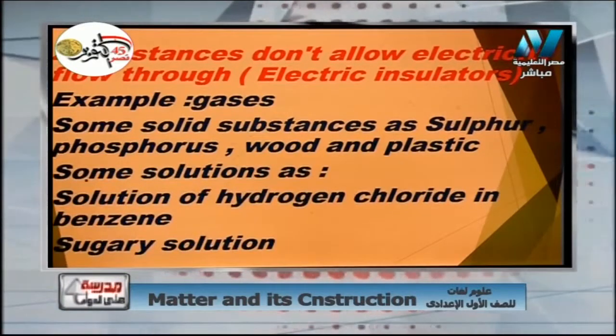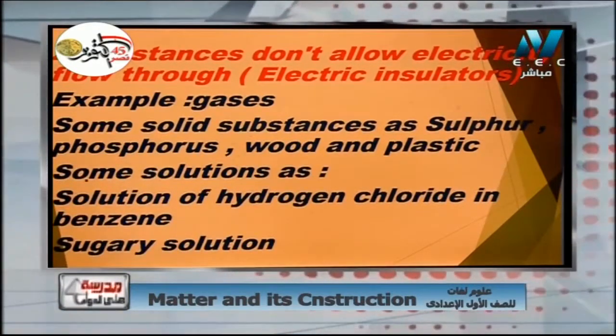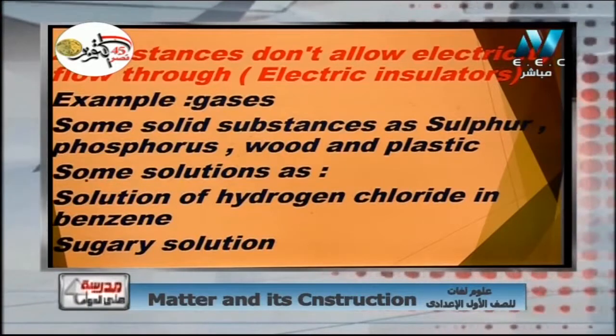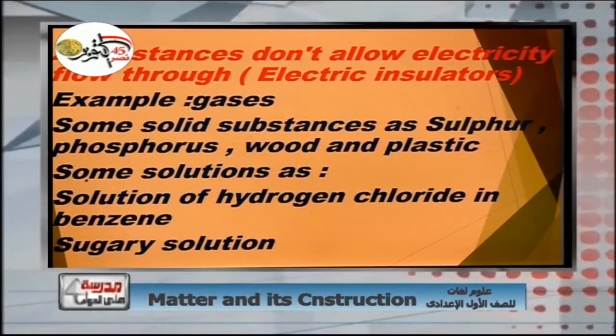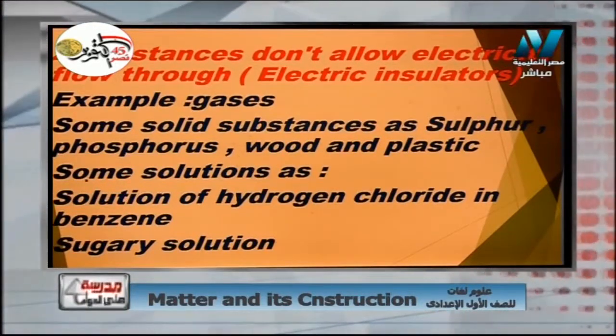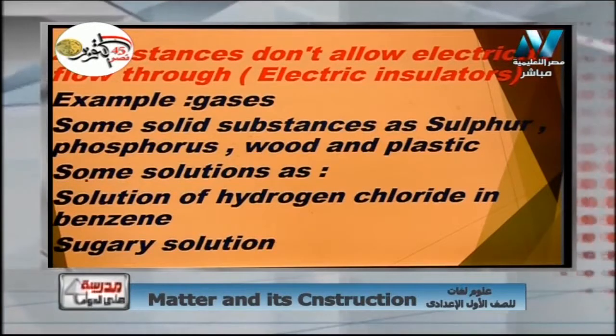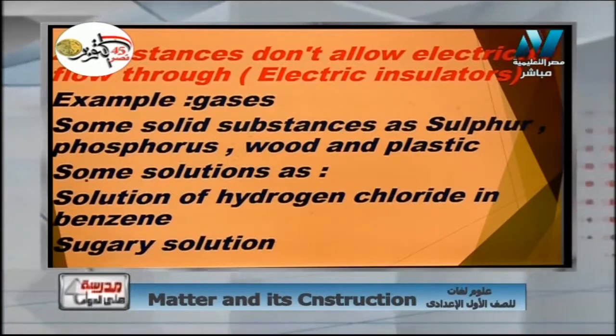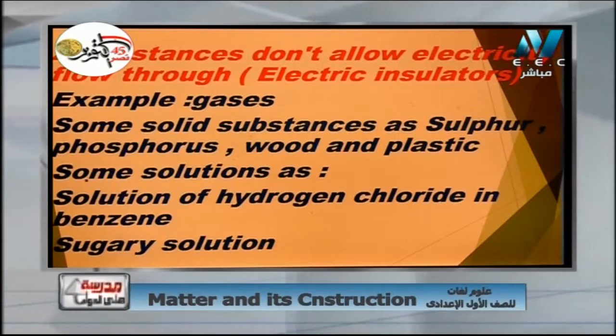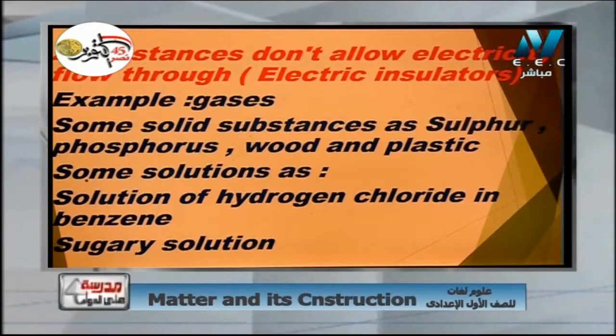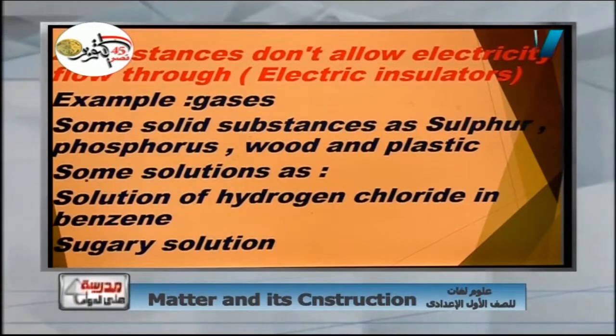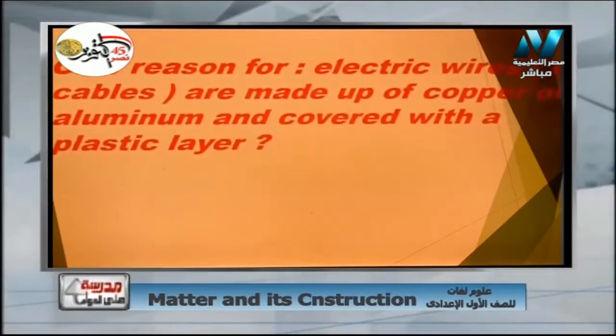Some solutions, as a solution of hydrogen chloride in benzene and sugar solution, are bad conductors of electricity. As we noticed, salt solution is a good conductor of electricity. Sugar solution is a bad conductor of electricity.